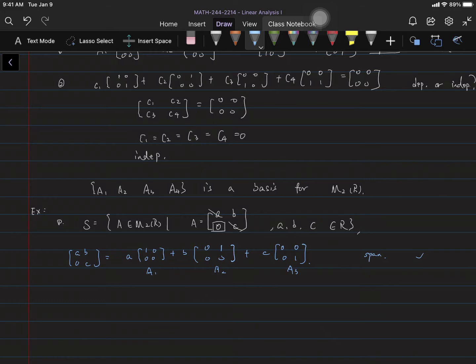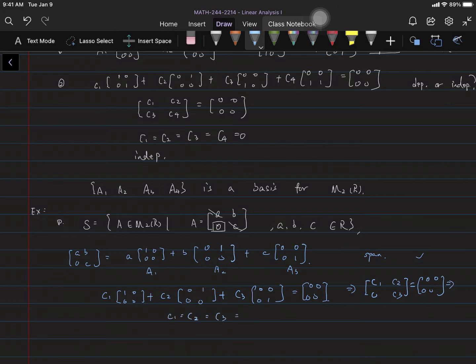Next, we want to show they are independent, so independent means what? C1 A1 plus C2 A2 plus C3 A3 equals 0. And from here, we can definitely get C1, C2, C3, that means all the C equal 0, so independent.